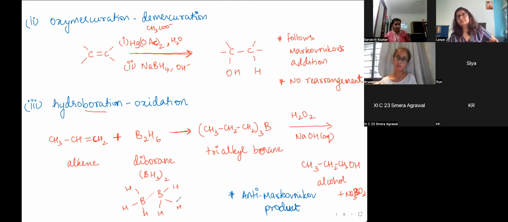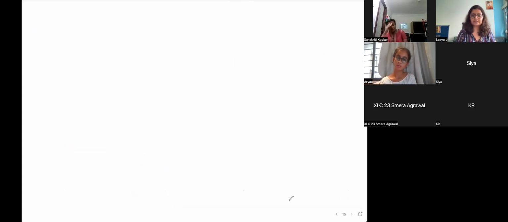Boron is an exception, where you have 2 electrons in 2s and 1 in the 2p orbital. So it has those Lewis acid tendencies.